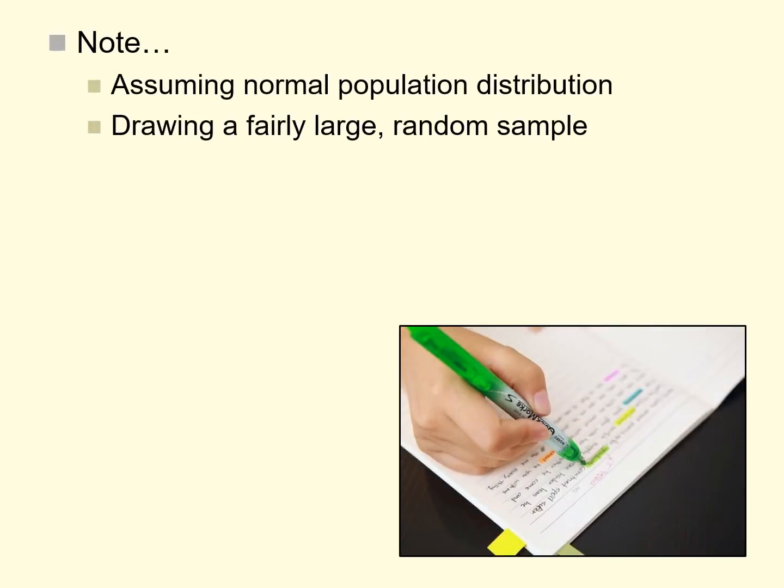Now it's important to note here, and I've said this a couple times, that we're assuming that we're sampling from a normally distributed population. And also, I haven't really made this clear, but it's important, that we're drawing fairly large and ideally randomly selected samples from this population.